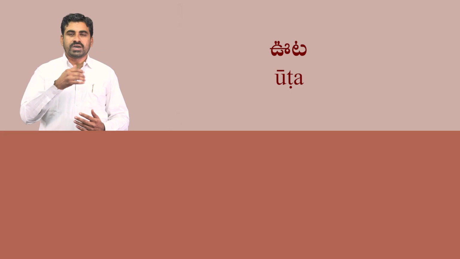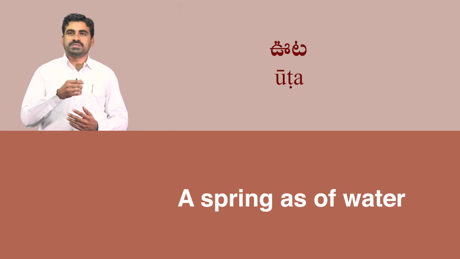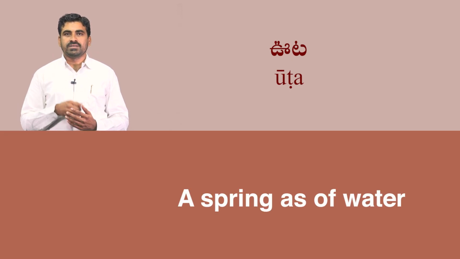Learning Telugu becomes easier and more effective when letters are studied in groups based on their shapes. This method improves letter recognition, reduces confusion, and helps learners build meaningful vocabulary and sentences naturally. Uta, it means a spring as of water.